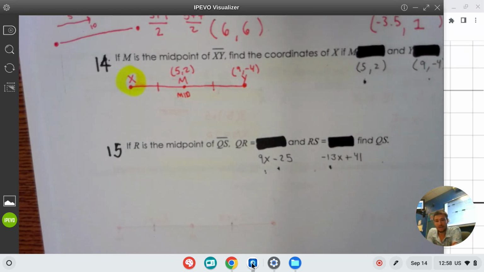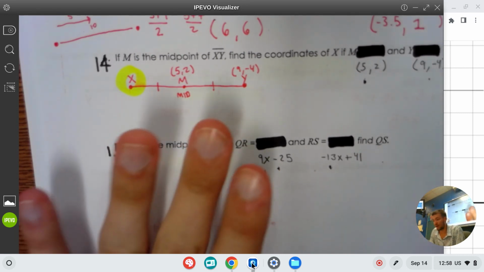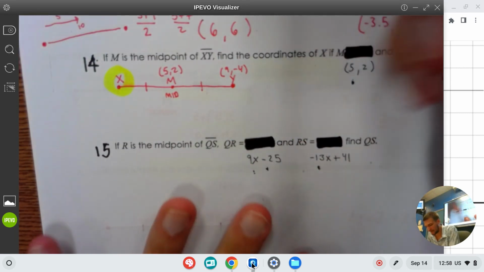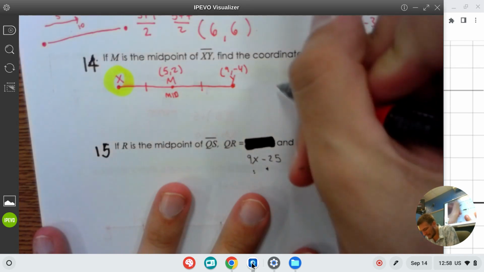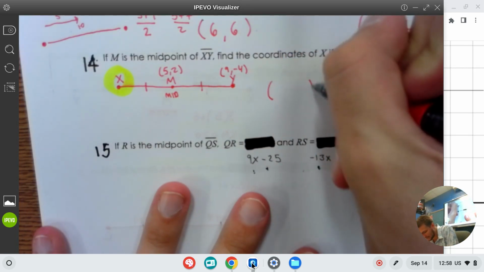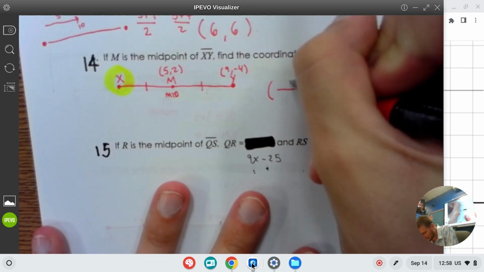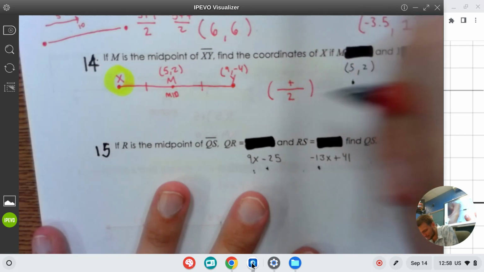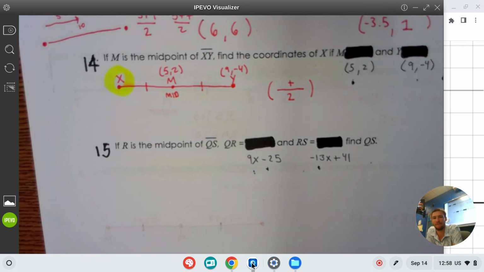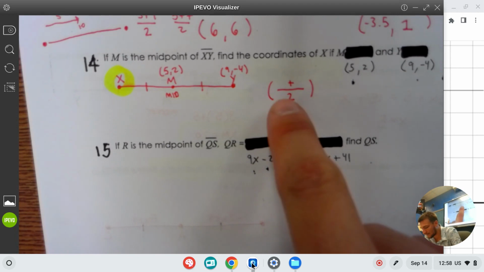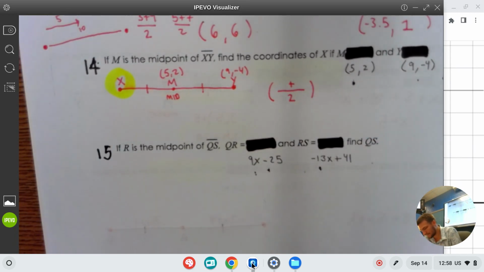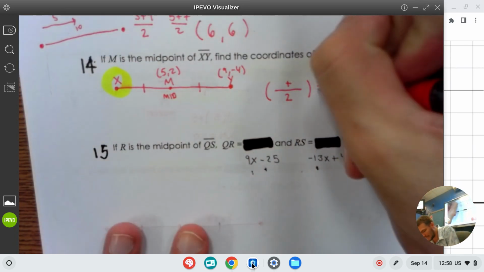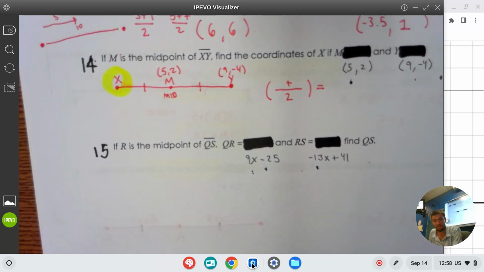If we're talking about this and we're using the midpoint, we're going to use the midpoint formula. Okay? And our midpoint formula is add them up and divide by 2. This is our midpoint formula. Okay? And when you add them up, you should get the midpoint.